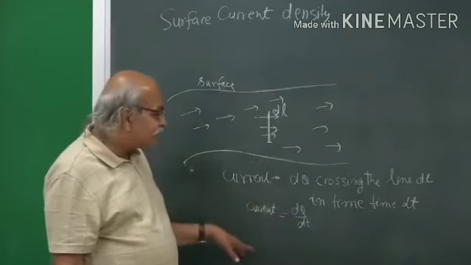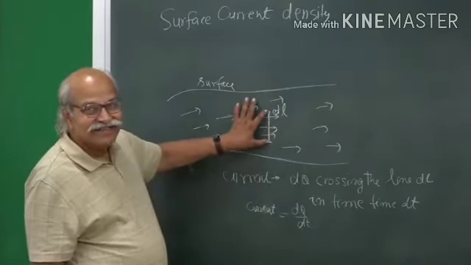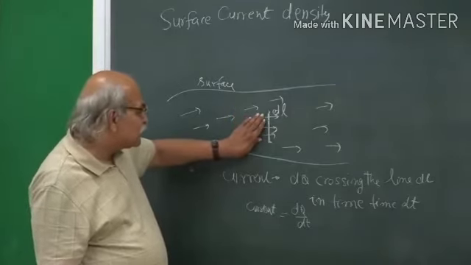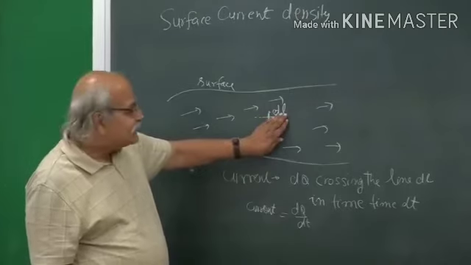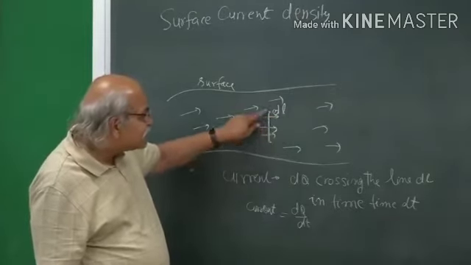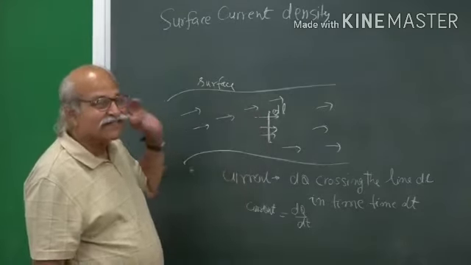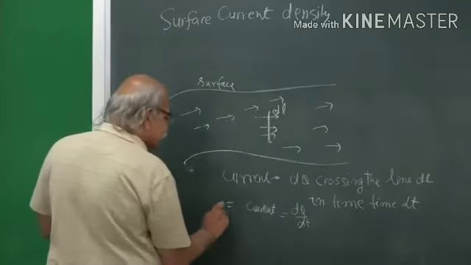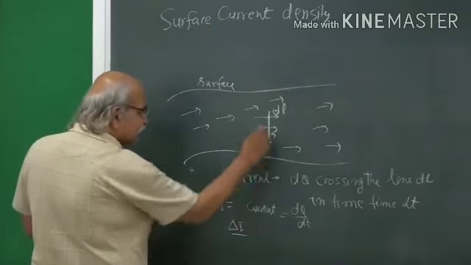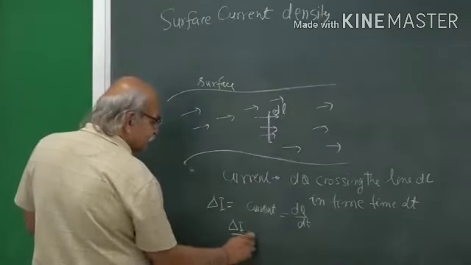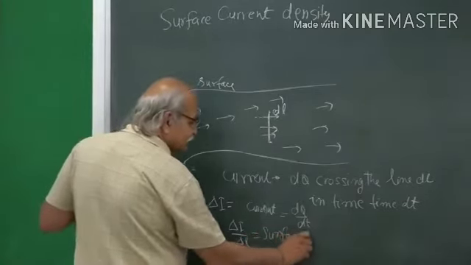And that current divided by this dl. Total how much charge has gone from this side to this side per unit time, that is the current, and that current divided by this length dl is known as surface current density. So, if this current is say delta I, then this delta I divided by this dl or delta L will be known as surface current density.